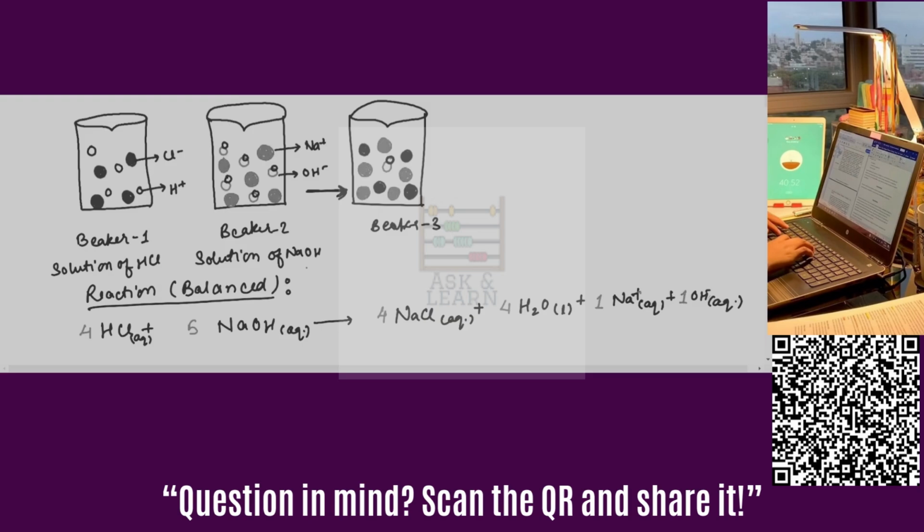But as a whole, we will not take this, because this is making a solution. So liquid and solid are not included generally. We are talking about only ions. Only aqueous solution dissociates into ions. Remember this. So this is our answer to this problem.